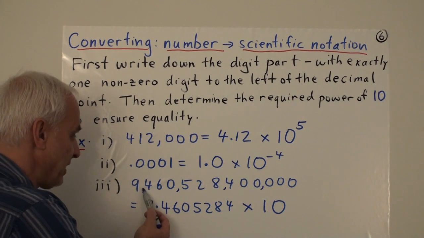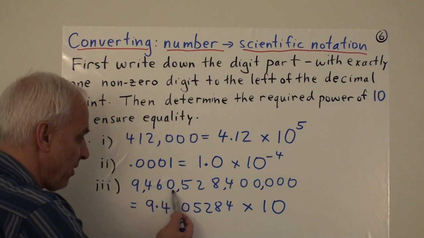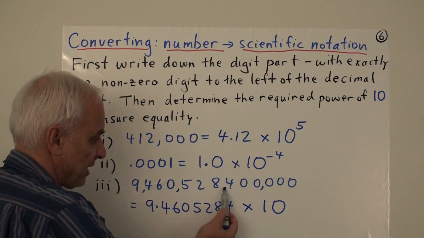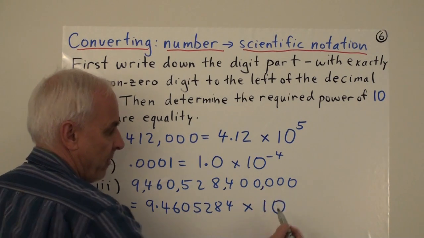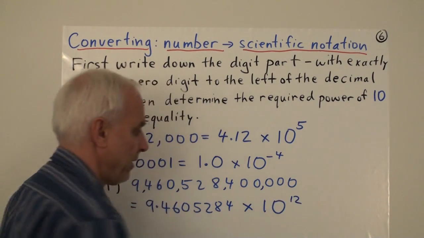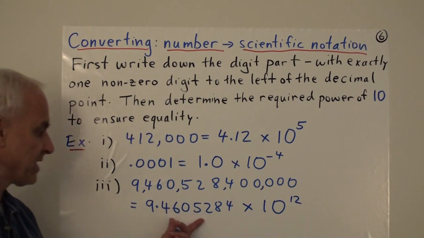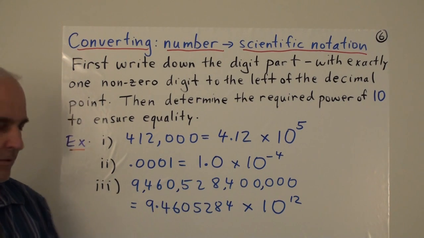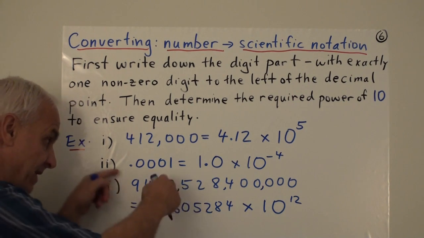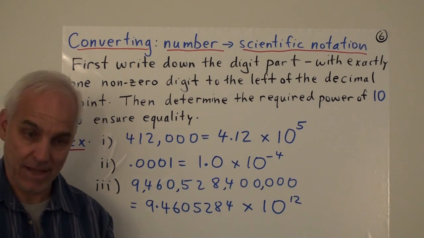I have to multiply by 10 to the 1, 2, 3, 4, 5, 6, 7, 8, 9, 10, 11, 12. All right. So this number times 10 to the 12th is this number. Remember, when we write equality, it means that this actually has to be equal to that. They have to be the same.